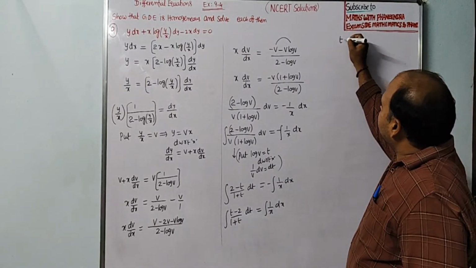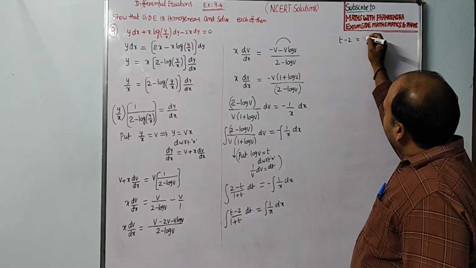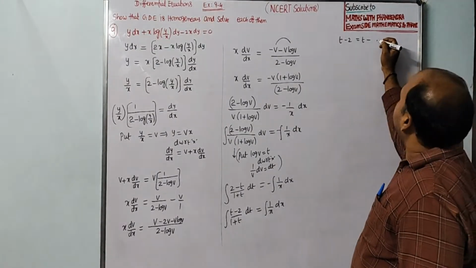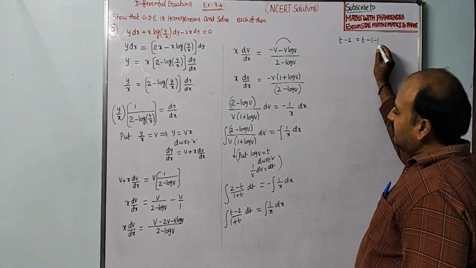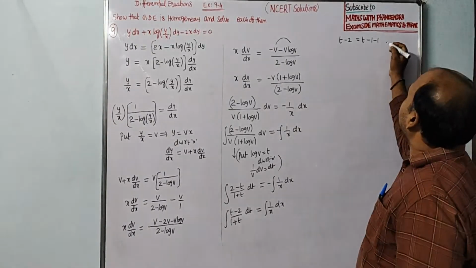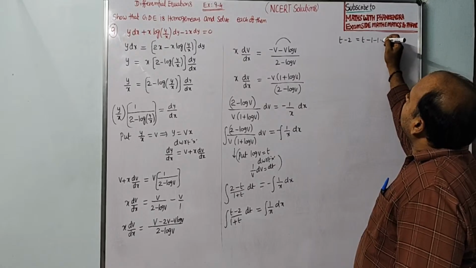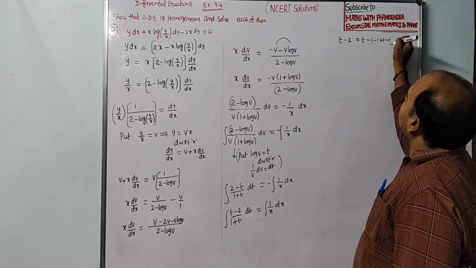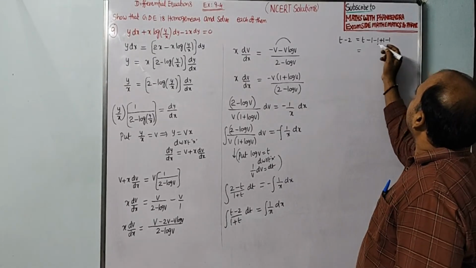Now t minus 2 can be written in terms of 1 plus t. So adding plus 1 and subtracting minus 1, since I want 1 plus t.